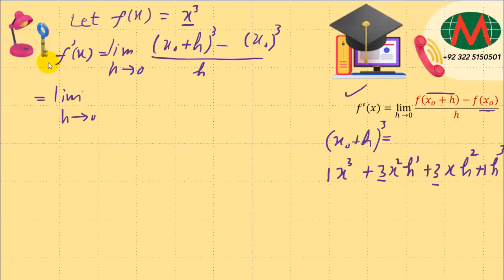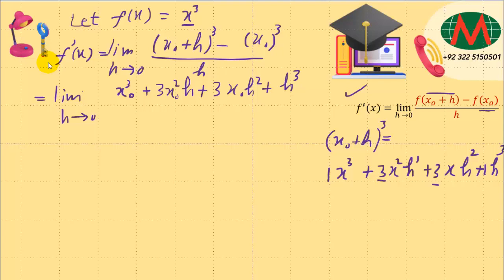Okay, so now let me use this here. So it will be x0 cube + 3x0 square h + 3x0 h square + h cube. You can observe here we can write h power 0, and h power 0 is 1, so no need to write that.